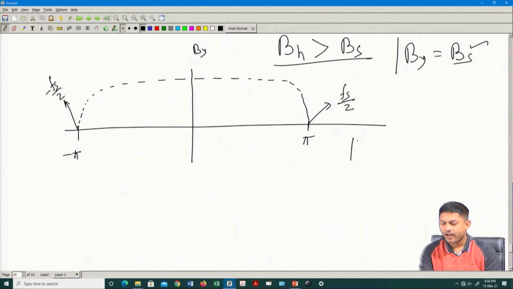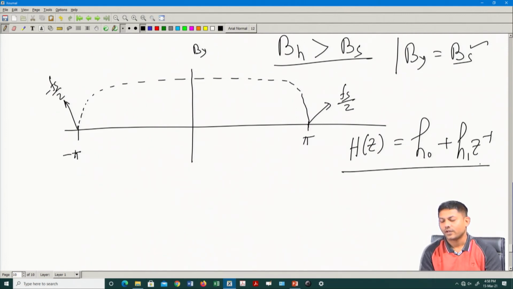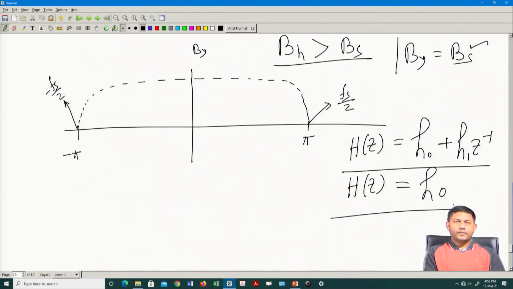So, let us say I have a channel which is just, say, H0 plus H1 Z inverse, or I have another channel, just one tap. Now, let us understand, out of the two cases, which case will pass each and every component of my transmitted data, provided within pi to minus pi I exactly fit my input data.